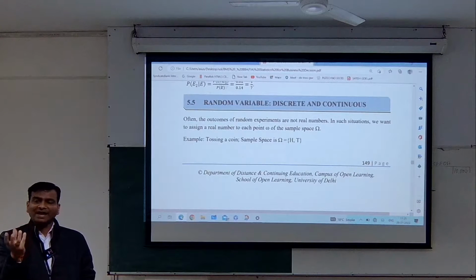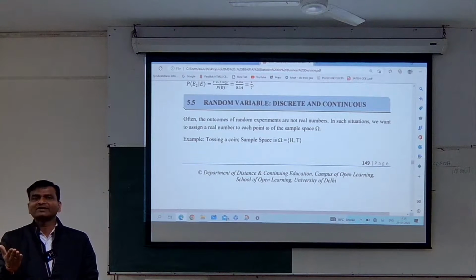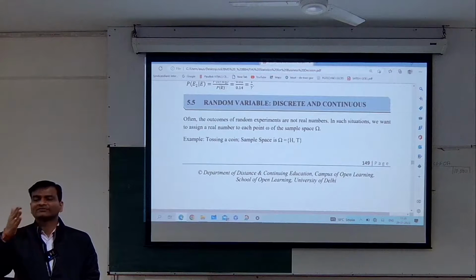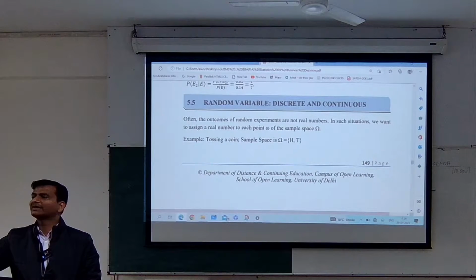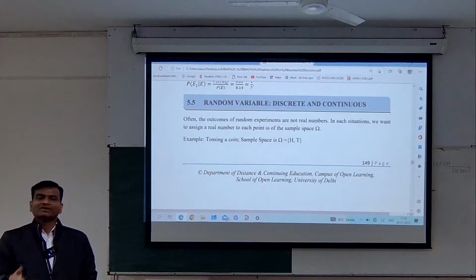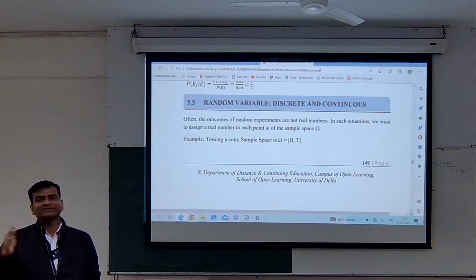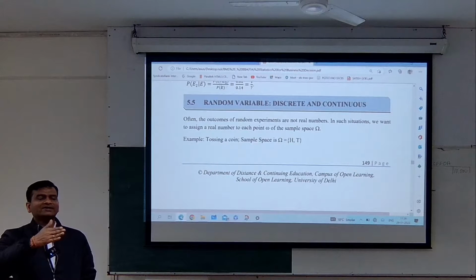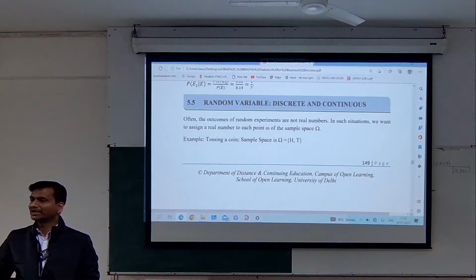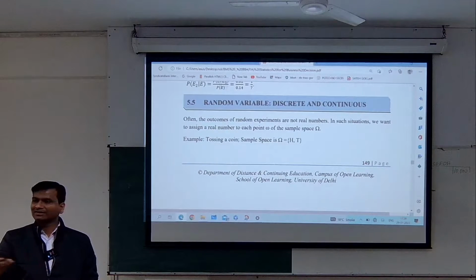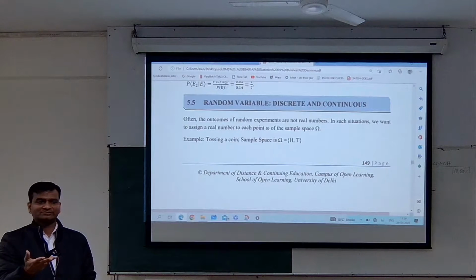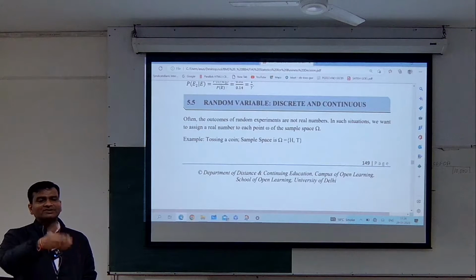Further, X, which is my random variable, can contain finite values or infinite values. Further, the random variable can be discrete or continuous. Discrete means it takes only integer values. Like I am saying age. What is the age of the students in this class?